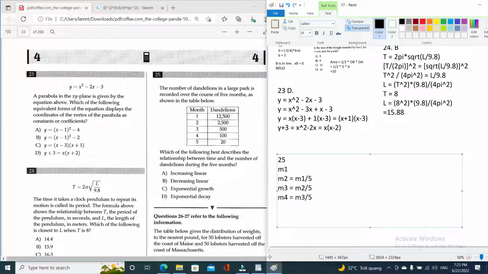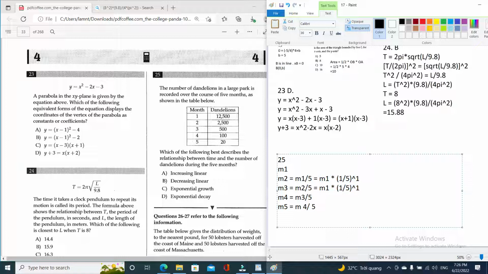And month 5 is just month 4 over 5. So this in turn is just month 1 times 1 over 5 to the power 1. Because we have to divide by 5 again, and we already have month 1 to the power 1 here.